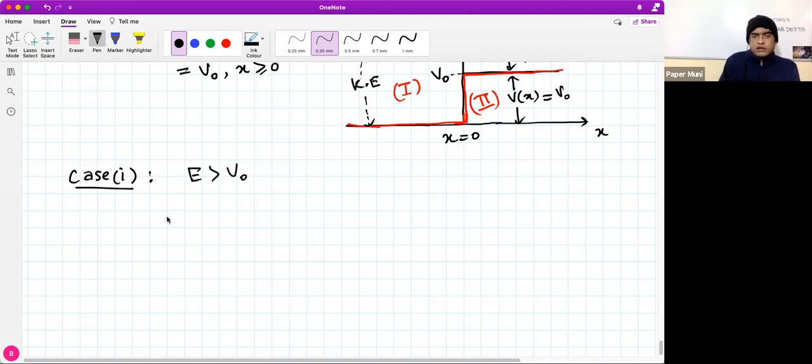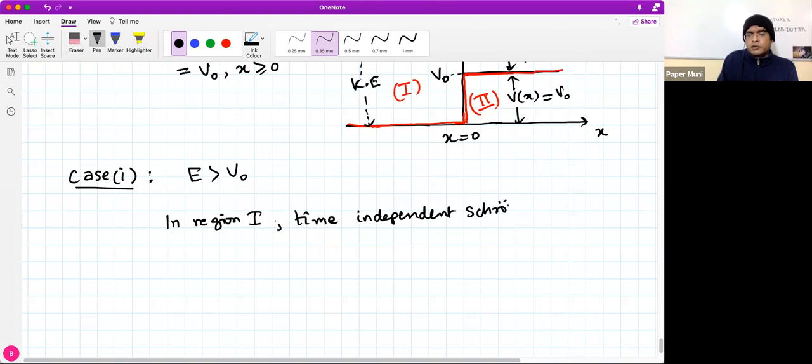Now in region 1, we are just solving the time independent part, the time independent Schrodinger equation. So what do we have here?